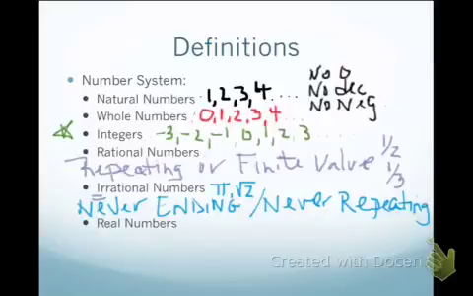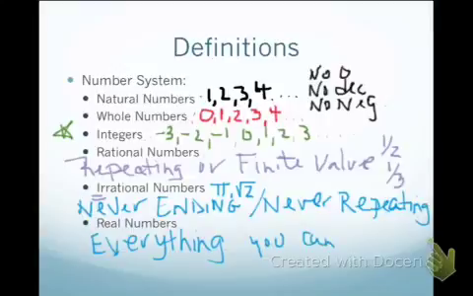Now the last definition for our number system is our real numbers. What we needed to have is a group of words, or two words, that for us put all of this together to say that all of these numbers that are embedded in each of these things are important for our number system. So real numbers is everything you can graph on a number line or on a Cartesian plane.